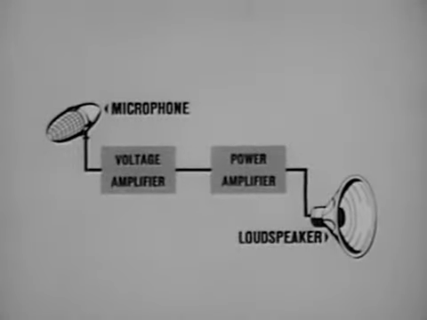Amplifiers are also classified according to types of service, whether they are to be used as a voltage amplifier or a power amplifier. There are four general methods of interstage coupling.